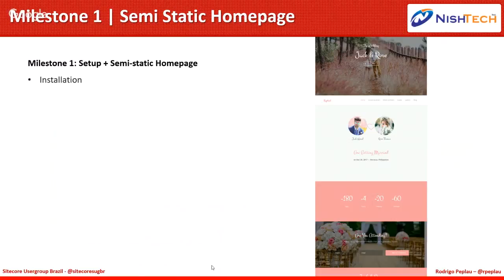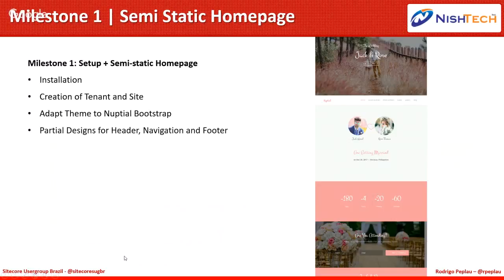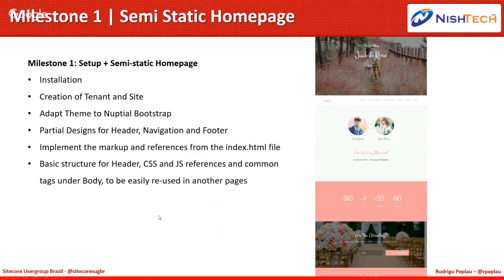We're doing some installation, some setup, creating the tenant and adapting the theme to Nuptial Bootstrap, doing the partial design for header, navigation, footer, and everything. We'll implement the markup and references from the index HTML file, and the basic structure for headers, CSS, JavaScript, so every other page can reuse it. Okay.